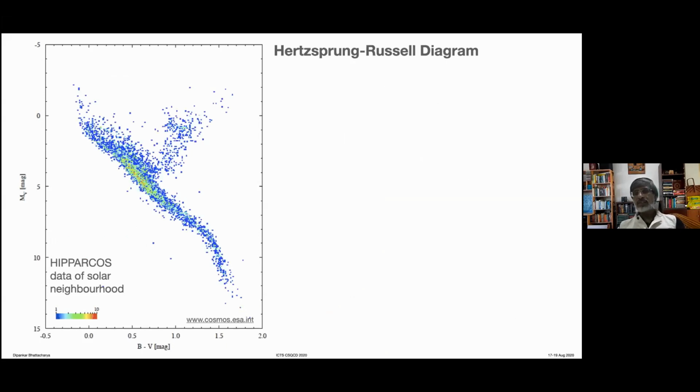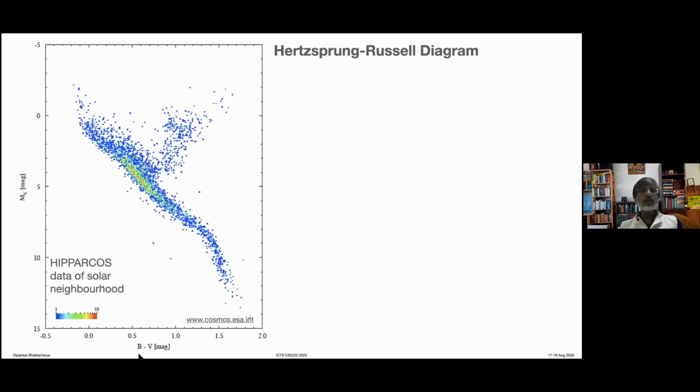Now, to study these stars, one kind of diagram has proven very useful over time. This is a diagram which can be constructed purely from observation, where on the horizontal axis, we plot what is called the color index of the star. So you take two filters, you put them on your telescope.